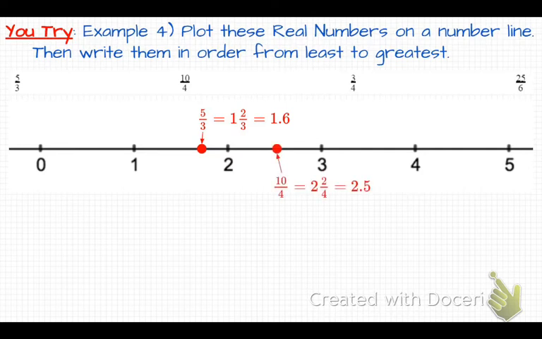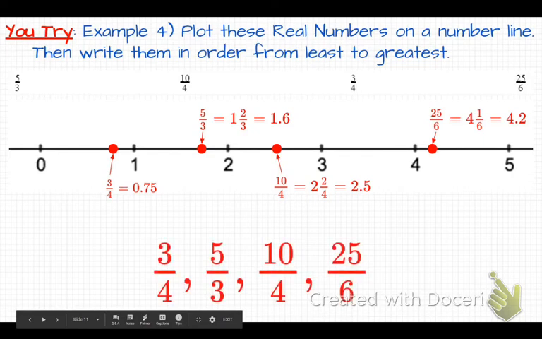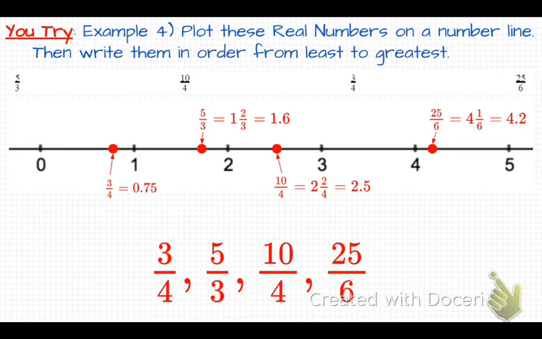What about 3/4? Between 0 and 1. Closer to 1, yeah, because that's 75 cents. And 25/6. Where does that fall? Between 4 and 5. A little bit closer to 4. So here's how we ordered our numbers. How do we feel about that? Were we successful? Yeah? Okay.